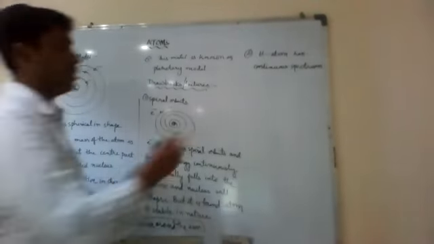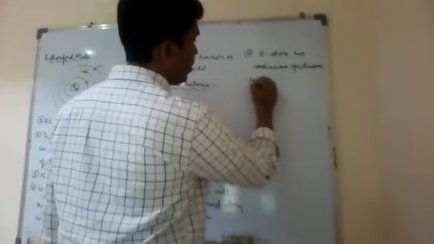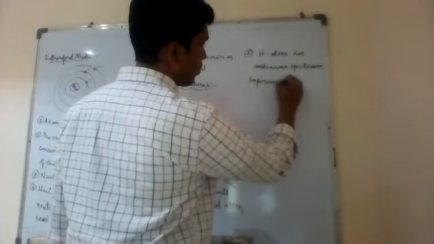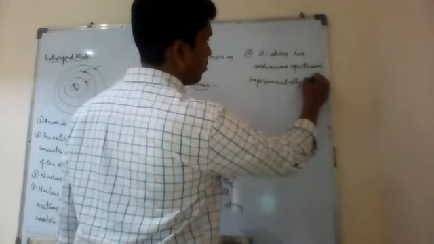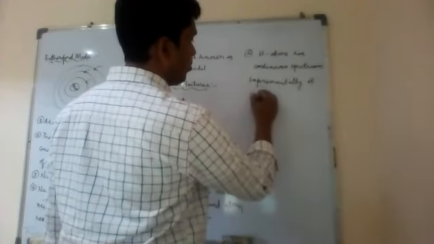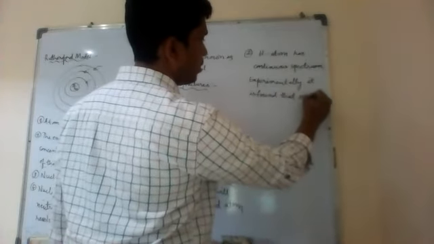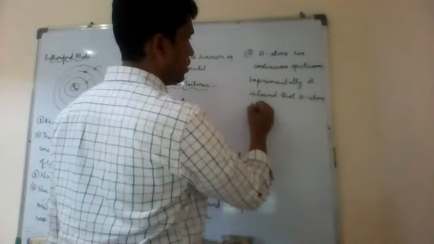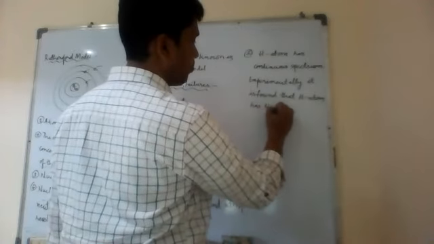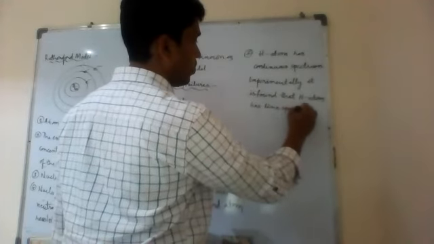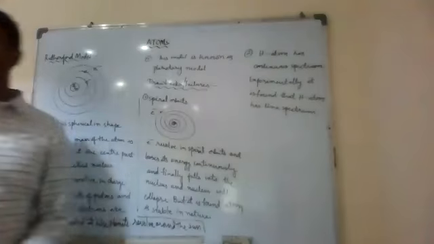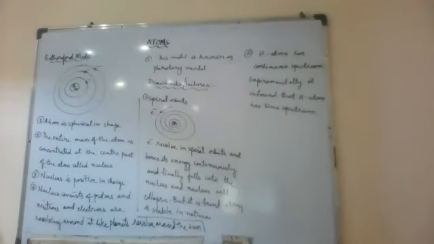Continuous spectrum is like a rainbow, but experimentally it is found that the hydrogen atom has a line spectrum. He could not explain this. Okay, the hydrogen atom has a line spectrum. It's not a continuous spectrum. Clear? So these are the two drawbacks of the Rutherford model.